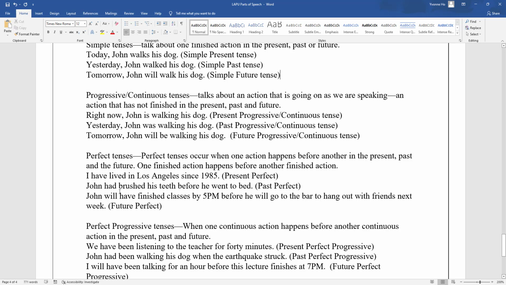Past perfect is the action that happened before another action. So John had brushed his teeth. Had brushed. When I say had brushed, to an American ear, it sounds like a long time ago. Okay, so John had brushed his teeth before he went to bed.